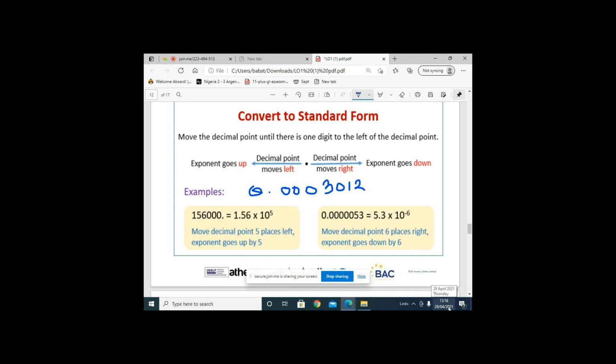Convert that one to standard form. So it's going to be 3.012 times 10 to the power of -4. 1, 2, 3, 4. Yeah, you're right.